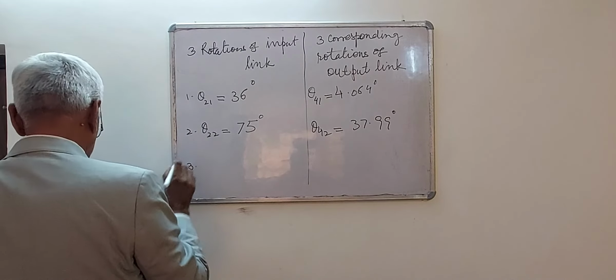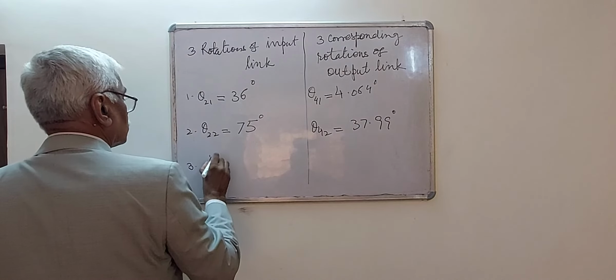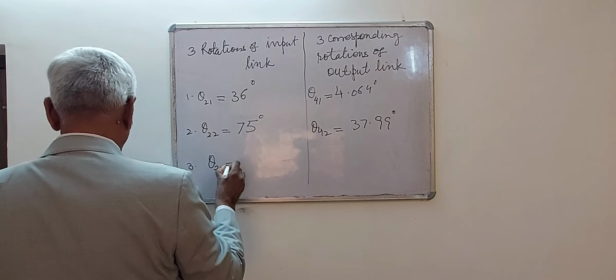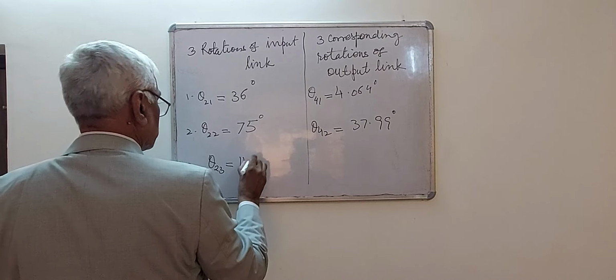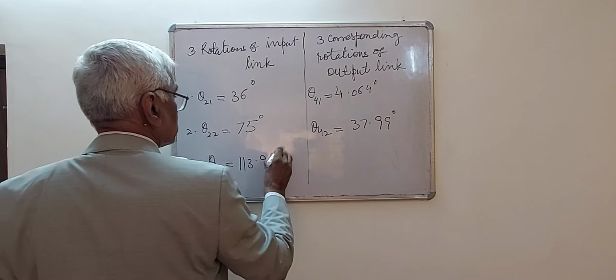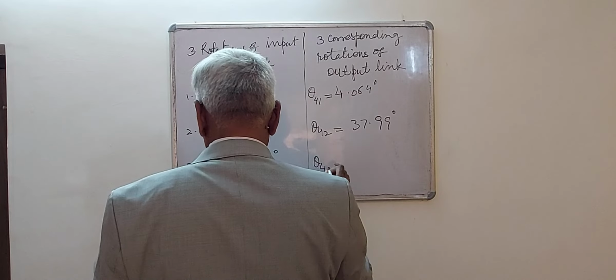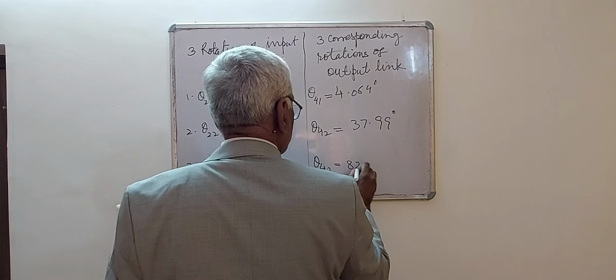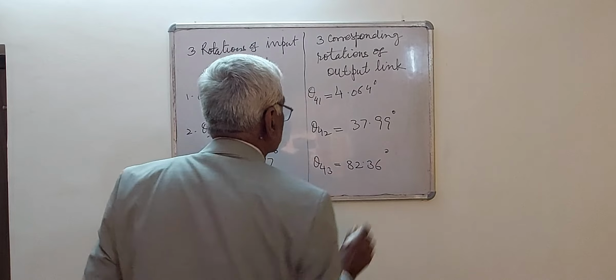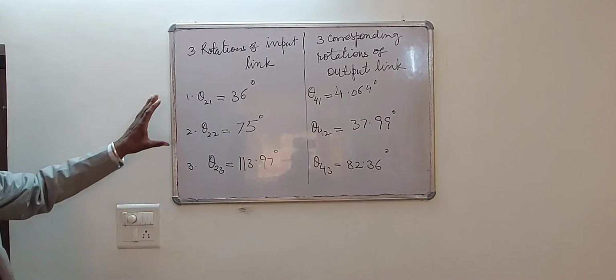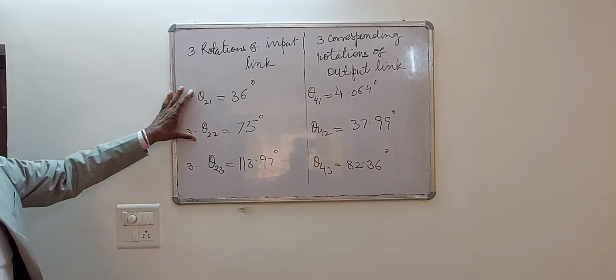And third, theta 23 was found to be 113.97 degree, and theta 43 was found to be 82.36 degree.